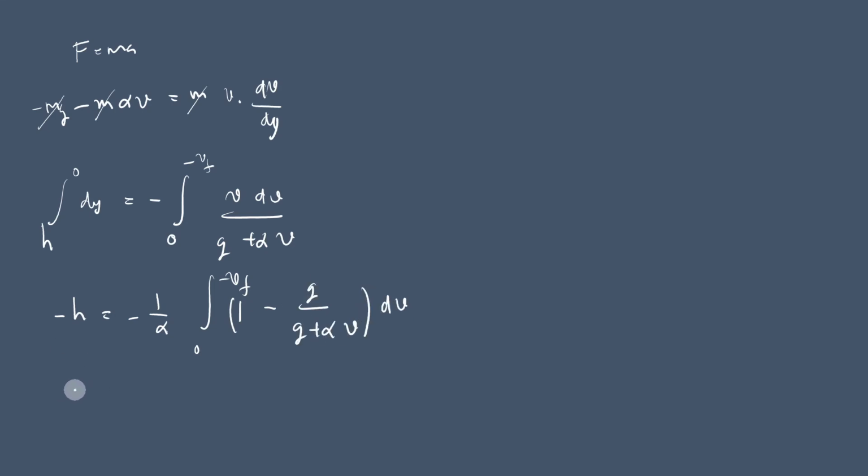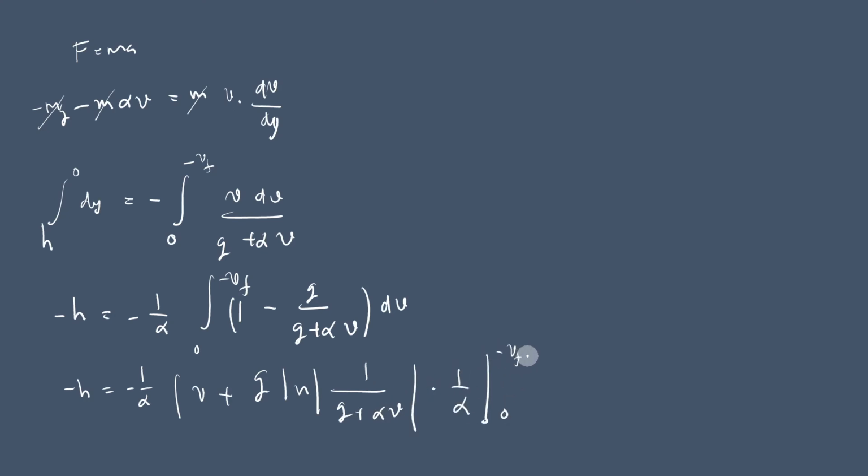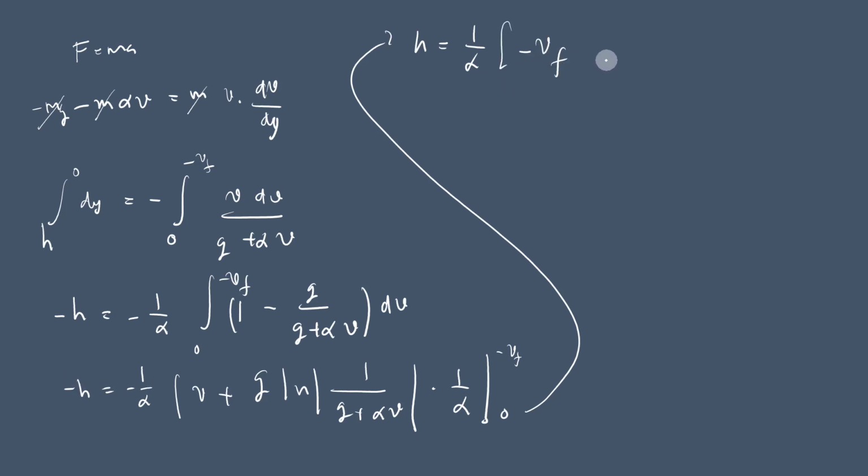So the right side is minus 1 over alpha times [v plus g ln(g plus alpha v)] times 1 over alpha from 0 to minus vf, and we substitute v by 0 and minus vf, and we get h equals 1 over alpha. We remove this minus sign, 1 over alpha times in brackets minus vf plus g divided by alpha times ln(g divided by g minus alpha vf).